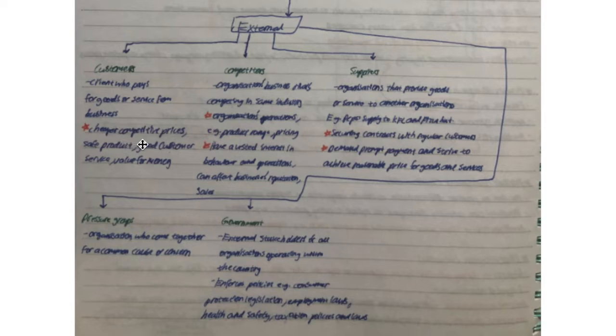And basically the cheaper the price, the safer the product, and the better the service, the better the value for money. So basically, customers value high quality and low price, because that can be called a bargain product, the most valuable price of a product they would like.